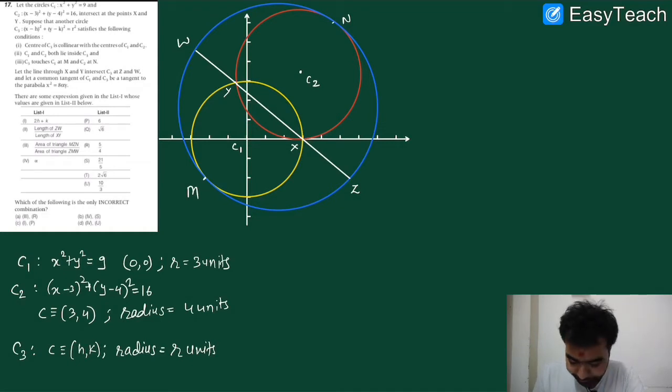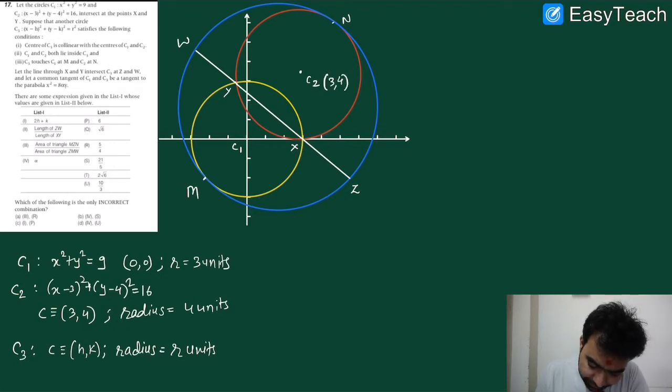Now, we know the coordinates of C2 is 3, 4. Now let the radius be r. First of all, what is distance MN?